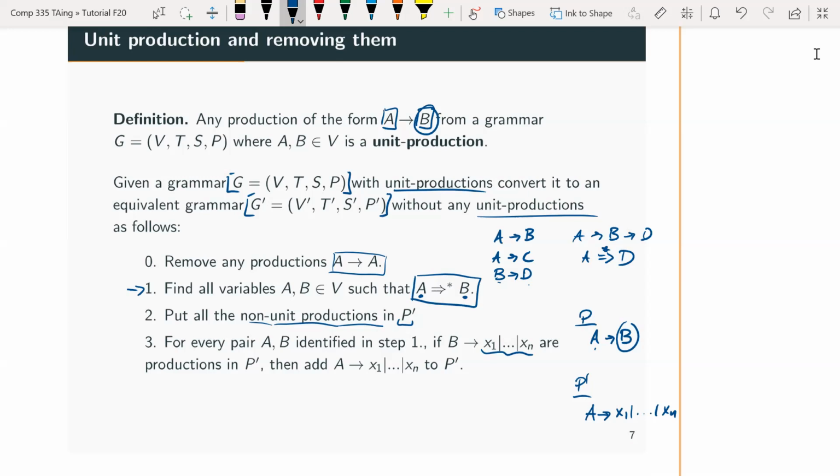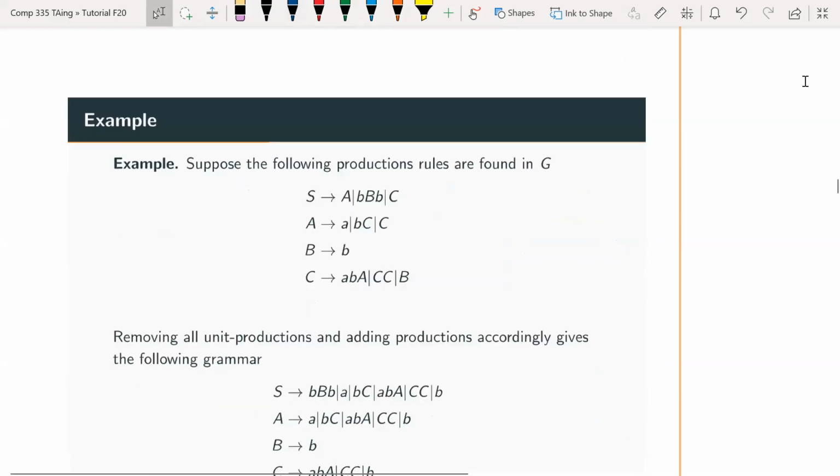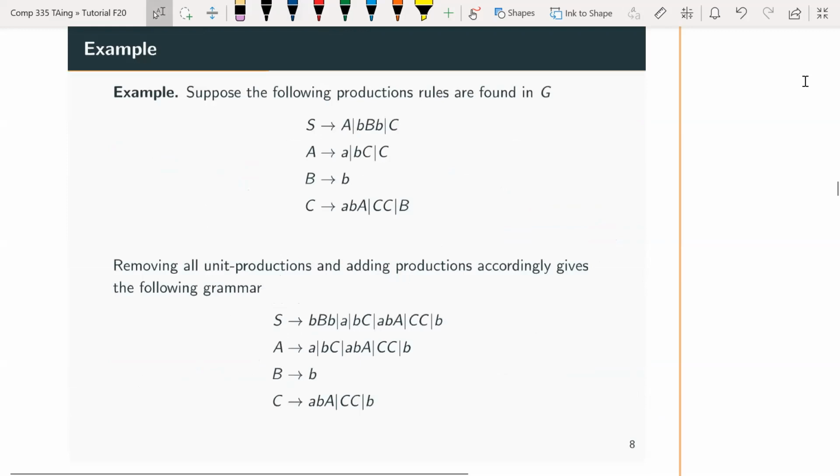Okay, so let's do an example just to make sure it's clear. Again, we're given this grammar G here, and we want to find an equivalent grammar G prime such that there are no unit productions. So what are the possible pairs of unit variables or productions?